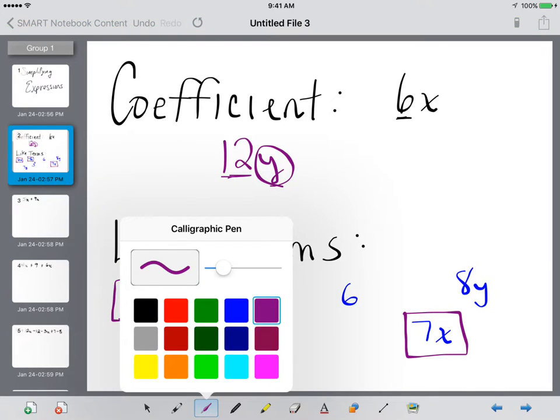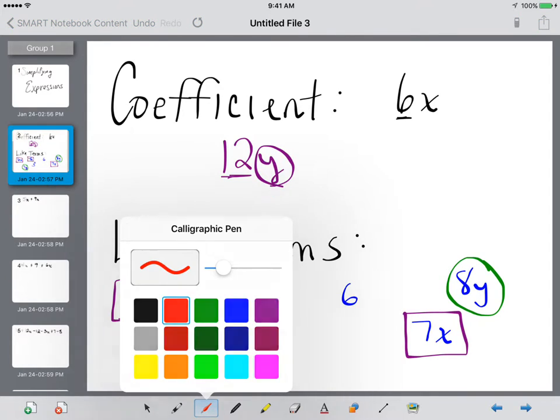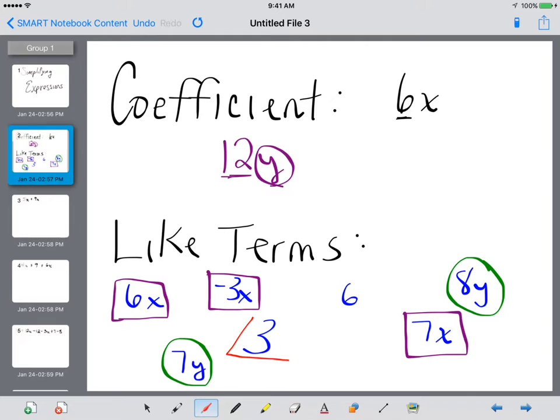They're similar. Another set of like terms would be 7y and 8y. So notice the number doesn't have anything to do with it. It's the variable, or perhaps they don't have a variable, like 3 and 6 do not have a variable. But those are like terms.